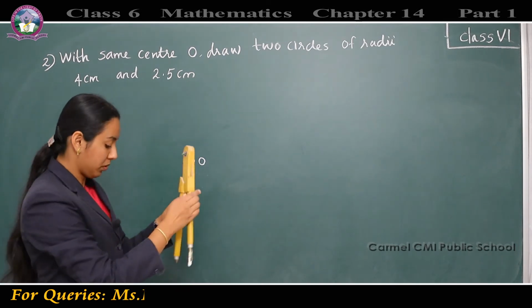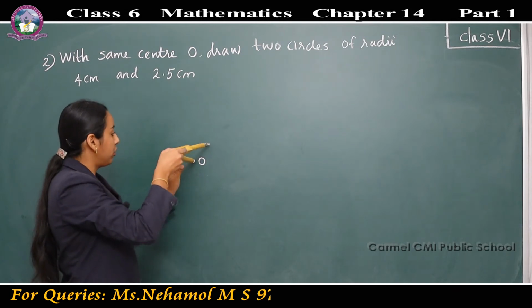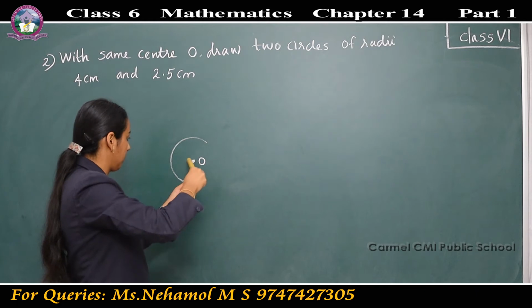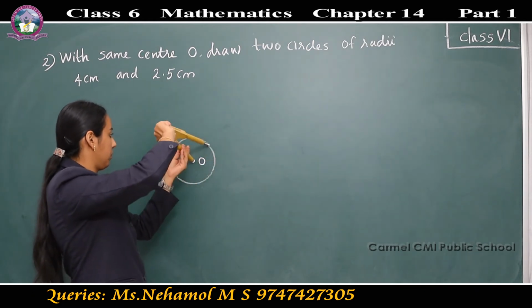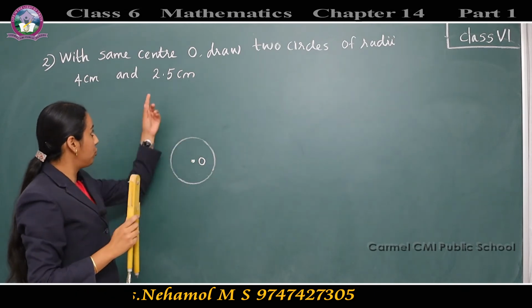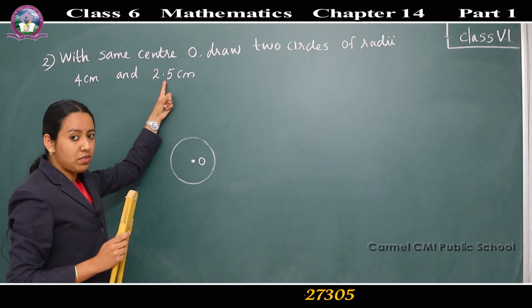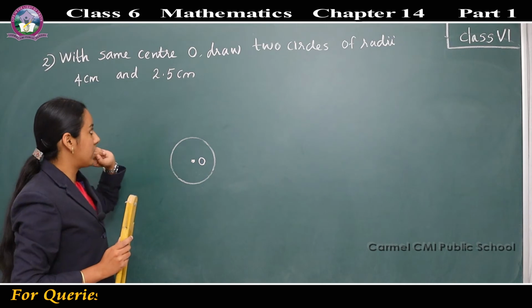Now place the pointer at O and draw the circle. So this is the circle with the radius 4 centimeter.